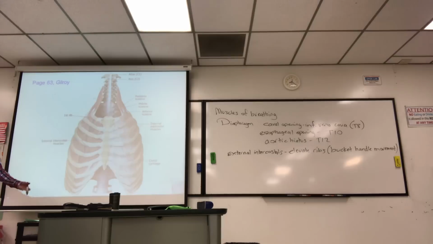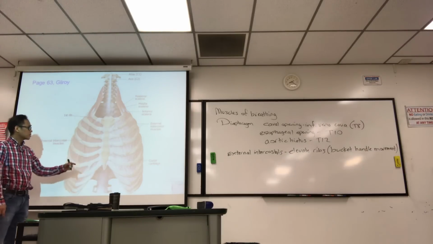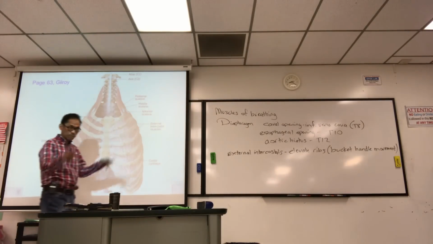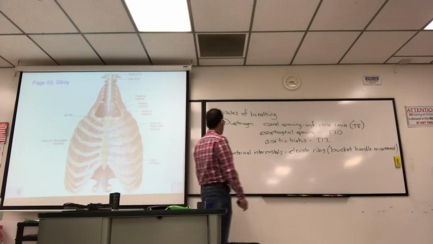Again, the idea is increase thoracic volume, decrease intrapulmonary pressure, I already wrote it. But there's other muscles. There's the internal intercostals, they depress ribs, so that helps collapse your rib cage.